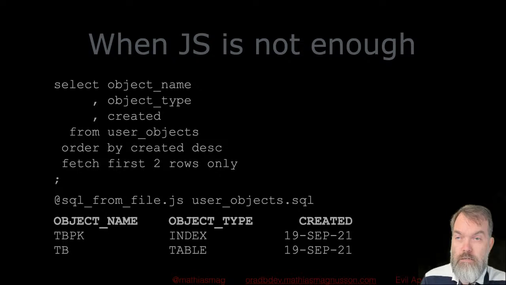Then I invoke it like we used to invoke SQL files. In this case, it's a JavaScript file, so it's an at the name of the file, and then we pass on the parameter. In this case, it's a file name, user object SQL, and it runs the SQL, and I get the output.